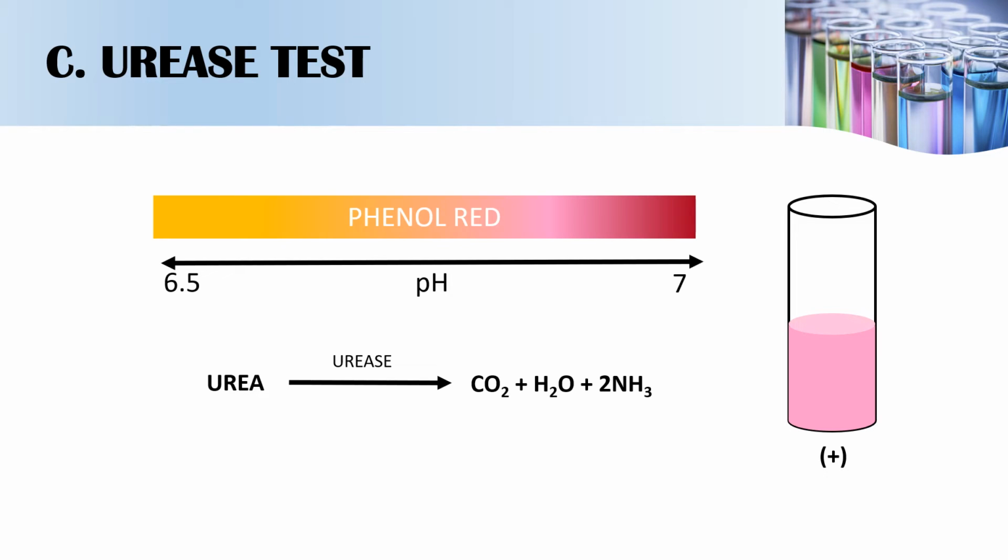When urea is hydrolyzed, ammonia accumulates in the medium and makes it alkaline. This increase in pH causes the indicator to change from orange red to deep pink or purplish red, and it is a positive test for urea hydrolysis. Failure of a deep pink color to develop is a negative test.